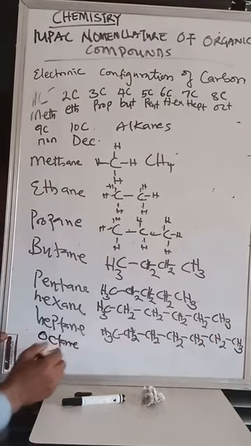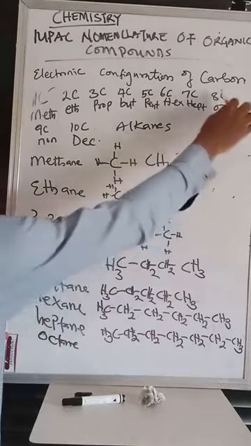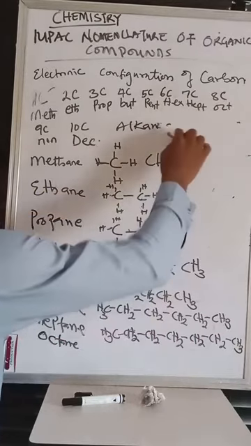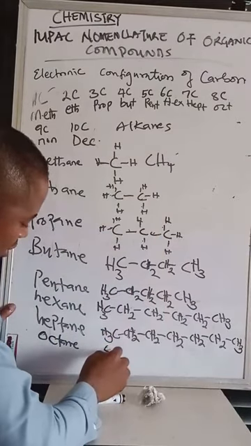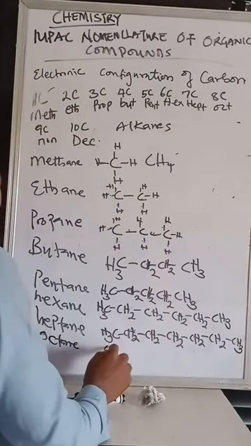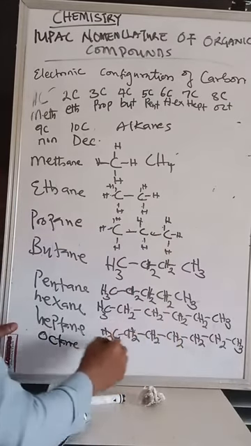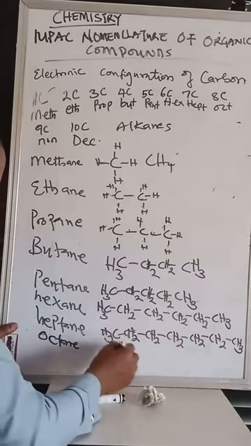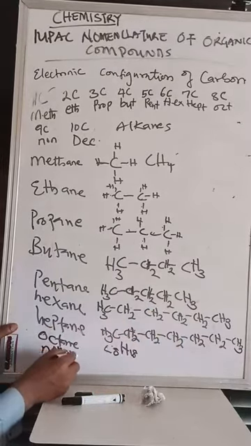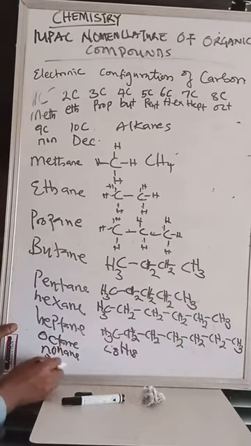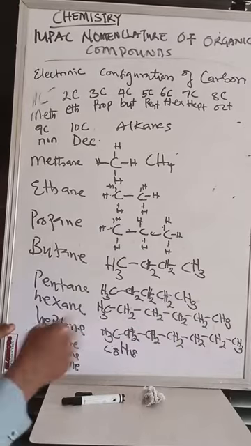Octane, that is the 8th carbon. 8th carbon is oct, because it's an alkane, we'll put ANE and it becomes what? Octane. C8H18. We have nonane, and then decane, and their formulas.